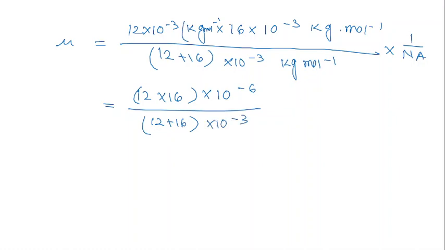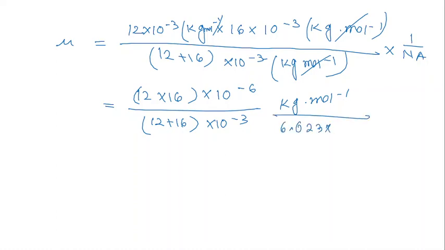Of these two, one will be cancelled out. Na is 6.023 into 10 to the power 23 mole inverse.